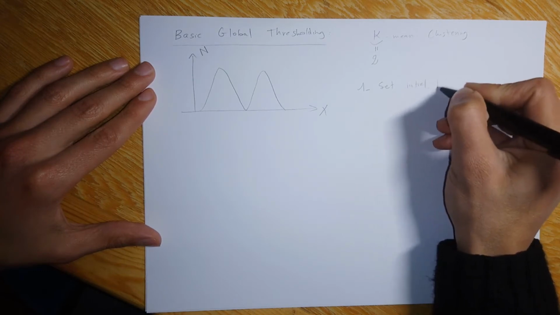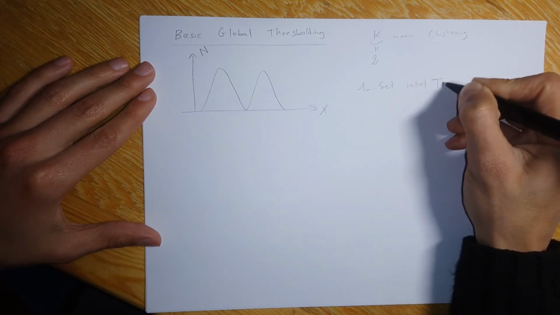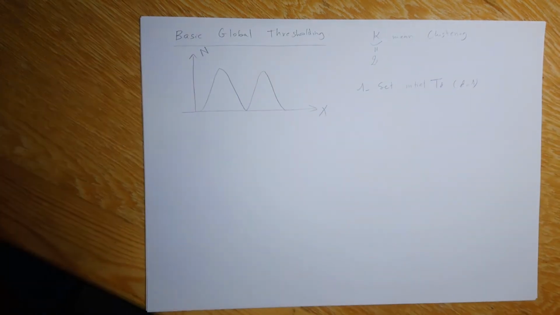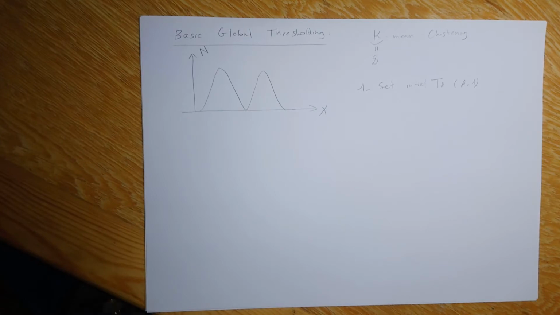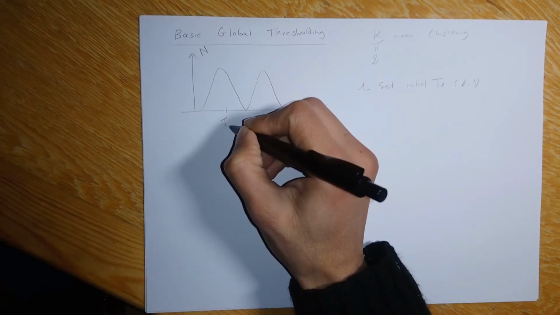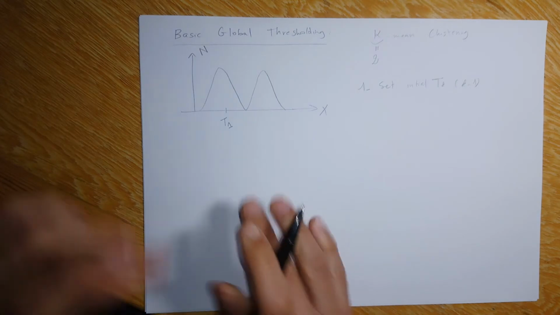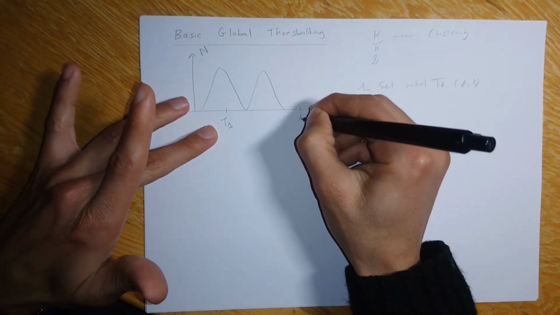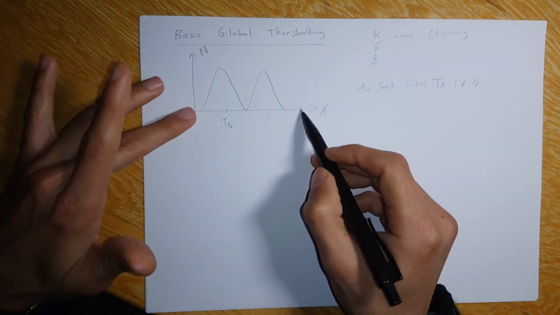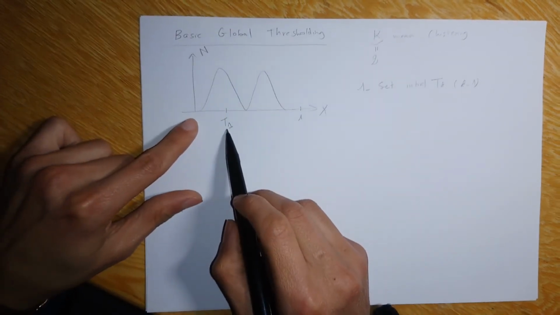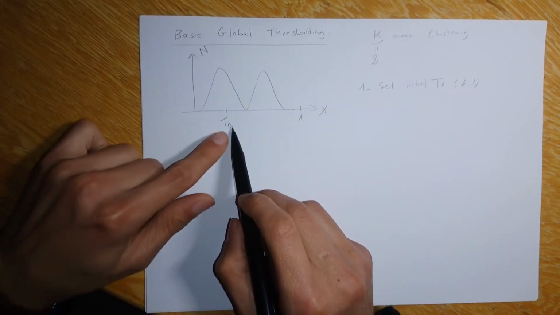Let's call it tk, such that k is equal to 1 because it's the first threshold we set. So I pick tk here, this is t1. This divides the interval 0 to 1 into two intervals. The first is 0 to t1 and the second is t1 to 1.